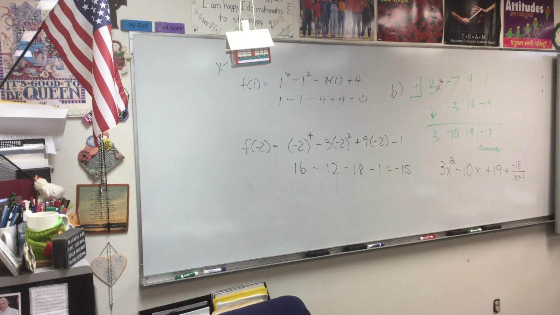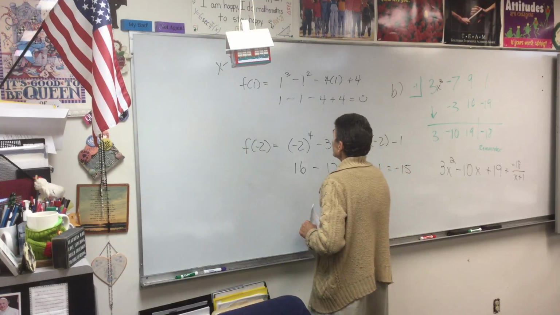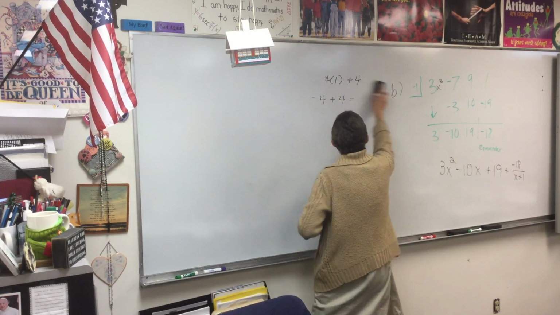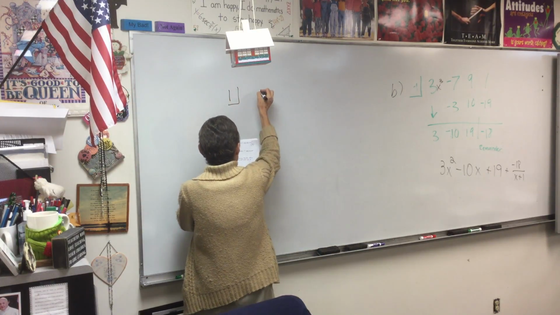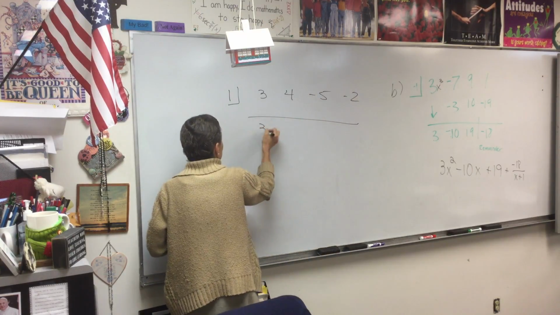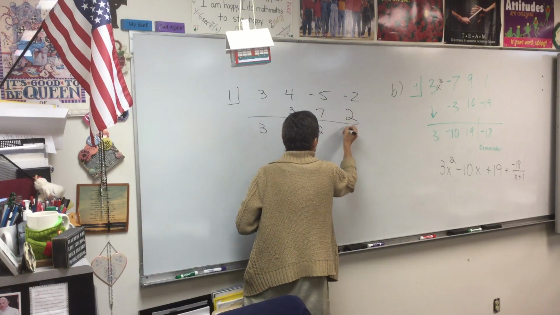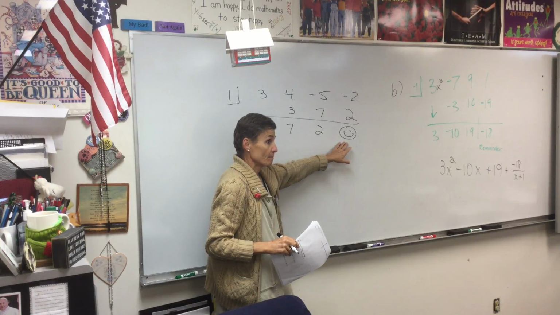Okay. So somebody said we're going to use synthetic division. I completely love that idea. And we're going to divide by 1, the number 1. Now, here is what's going to happen. If you divide by 1, that's exciting.